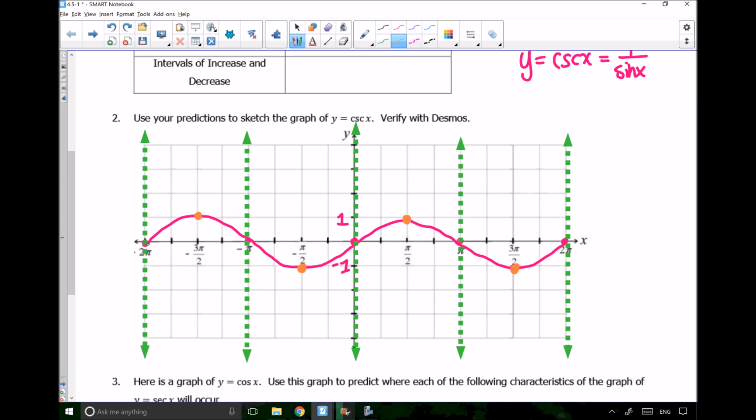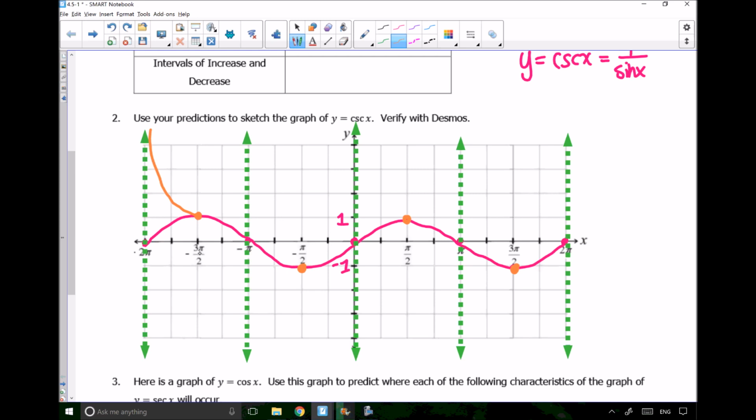When I look at my sine function from -2 pi to -3 pi over 2, my graph is increasing and positive. Therefore, the graph of my reciprocal function will be decreasing and positive. So then that means that I know that my graph will look like this. Okay?